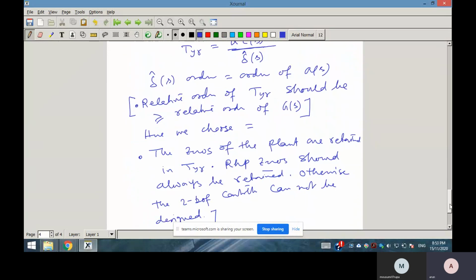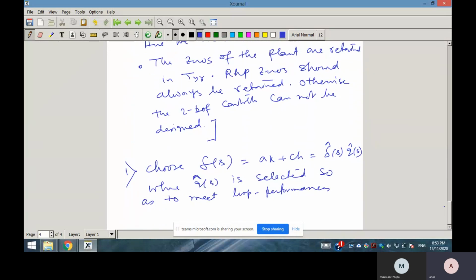But then here what is your delta S? Delta S has to be chosen, because now Q hat S order is n, because that is equal to plant order. Now delta S order is m plus n, so Q hat order will be mth order controller.